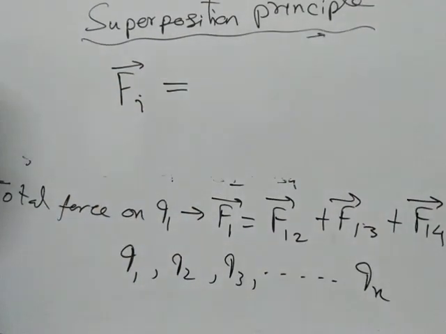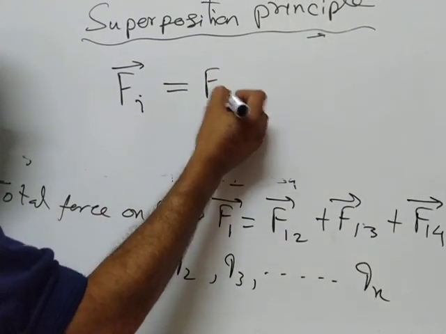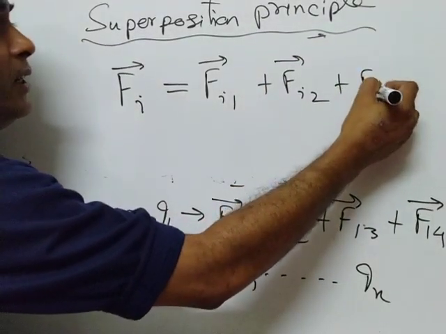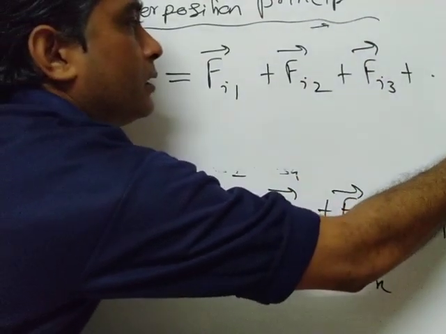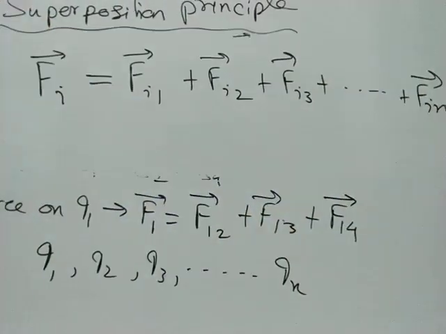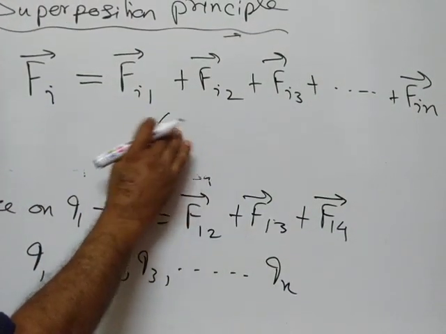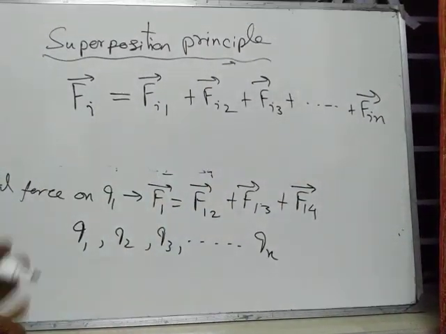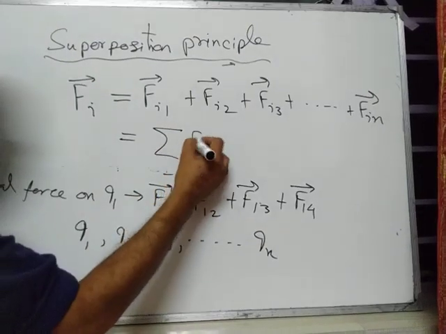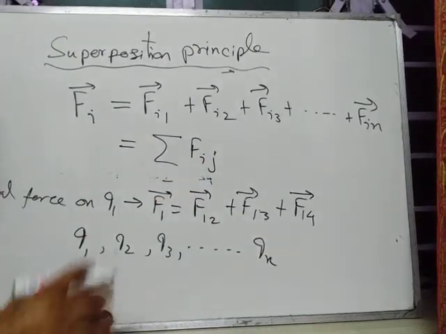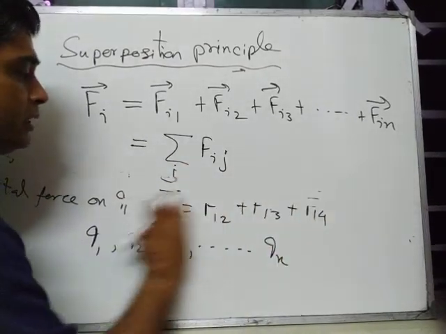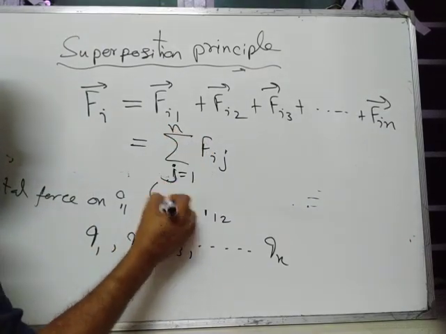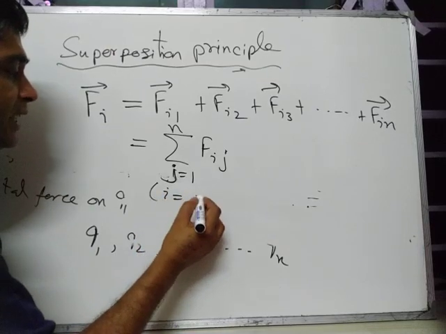Fi would be Fi1 plus Fi2 plus Fi3 plus up to Fin, that is the summation of Fij over j, where j equals 1 to n, but i not equal to j.